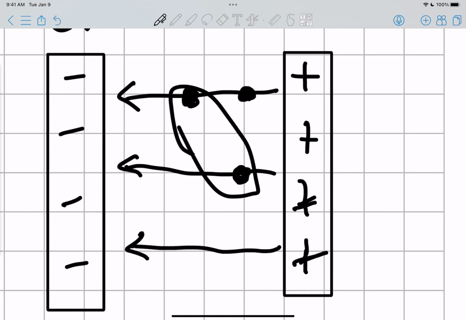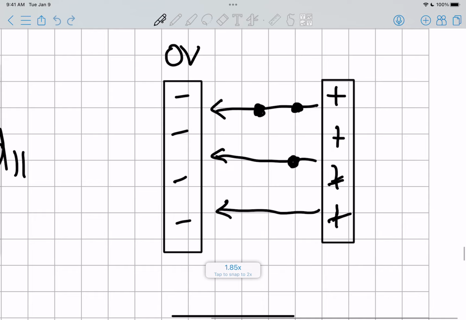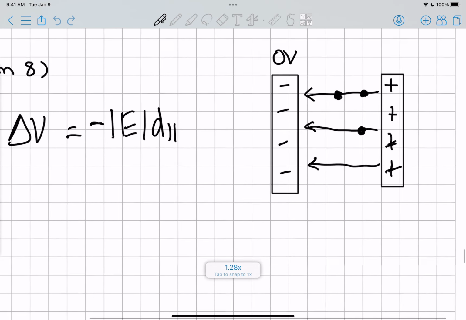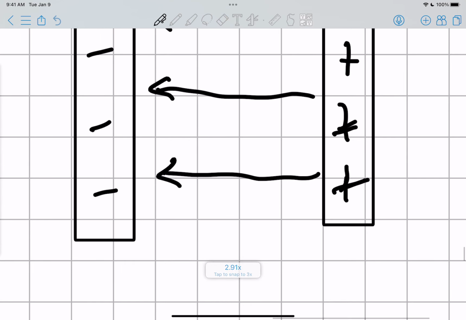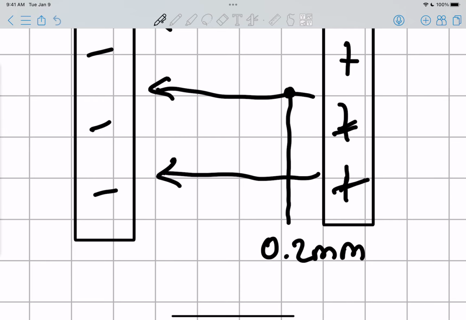Now, these two charges, they are separated by some parallel distance, so they would have different electrical potential. That being said, we're looking at this point B that's 0.2 millimeters away from the right plate.